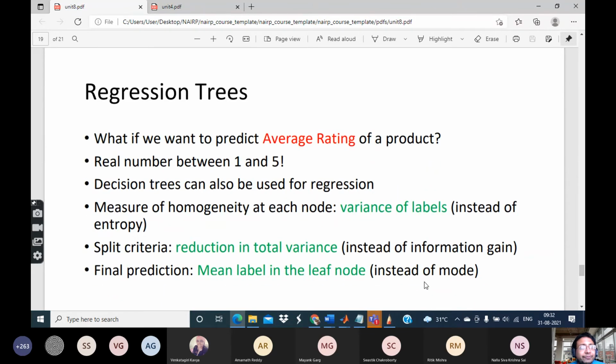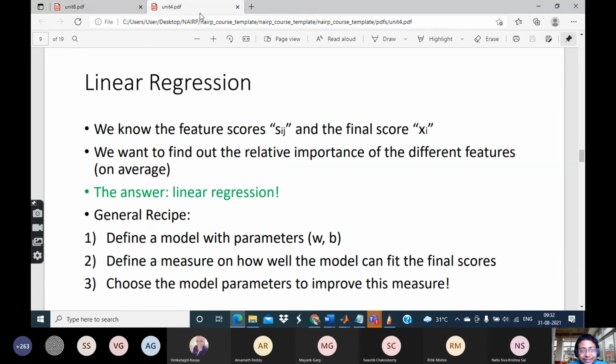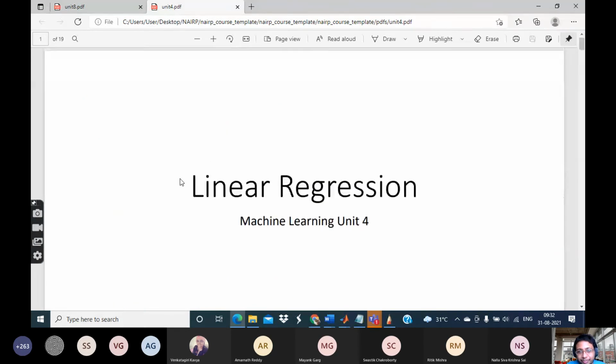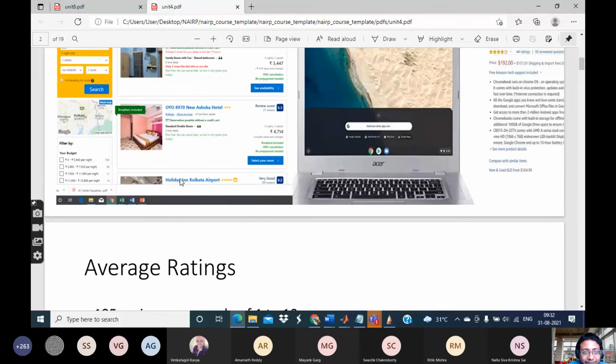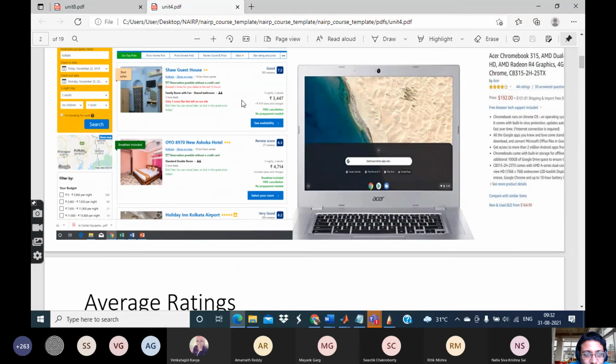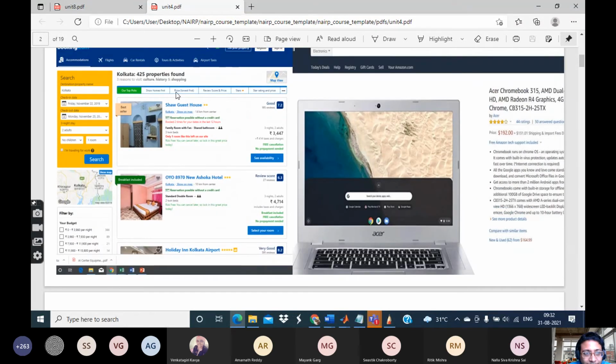But what if instead of trying to predict the exact rating which a particular customer will give to a particular product, I am interested in the average rating? If we consider websites like Amazon, you will see something known as average rating. Like on booking.com, where different people give ratings to hotels on a scale of 10.